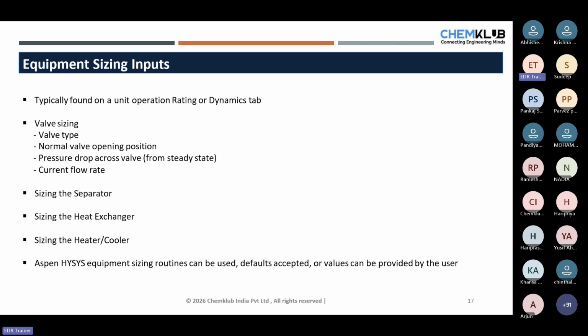Why? Because, as I said, the volume is very important, and the response of the system 100% depends upon the volume that is being considered. So it is very important that the size is exactly a representation of what is there in the plant, which will give you a more correct result.